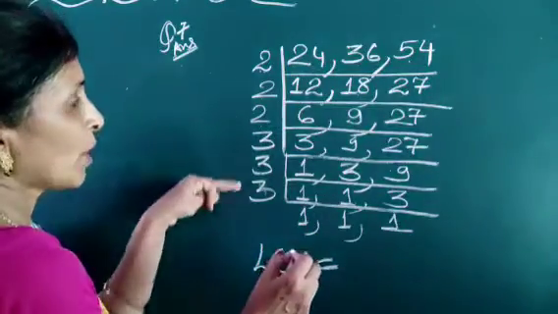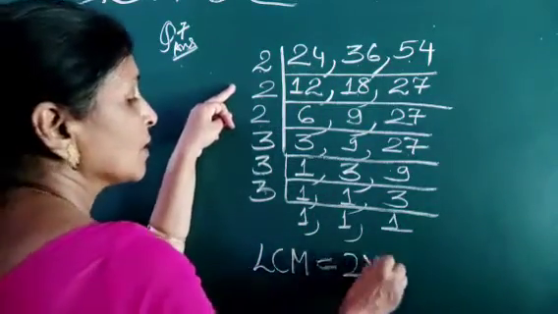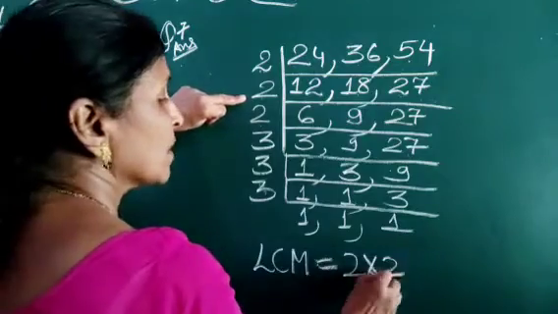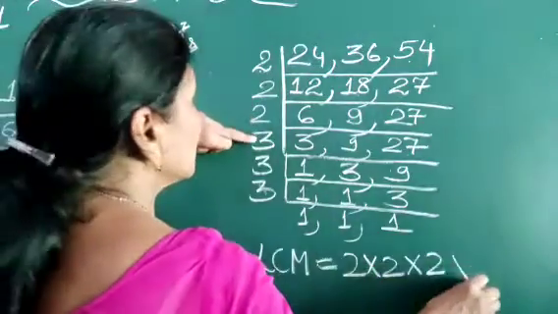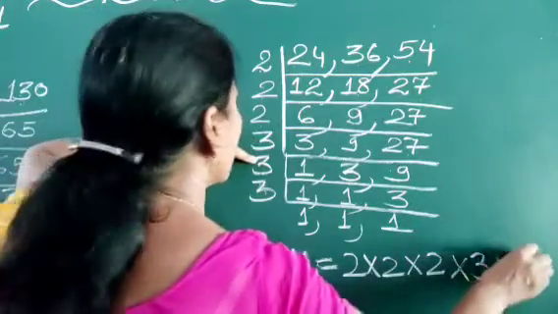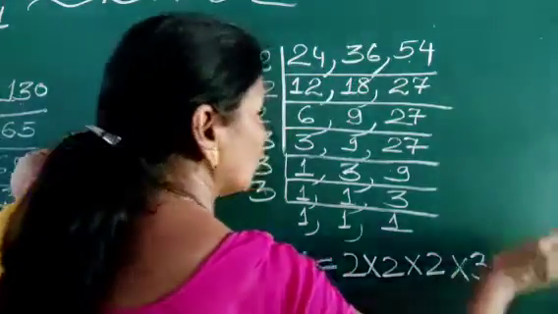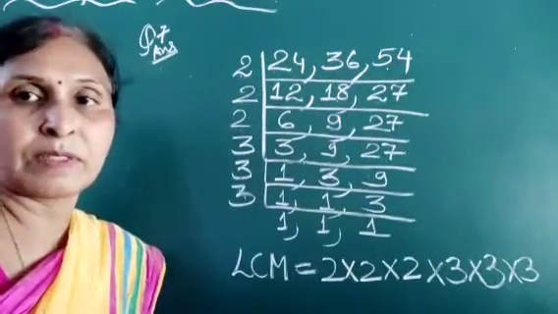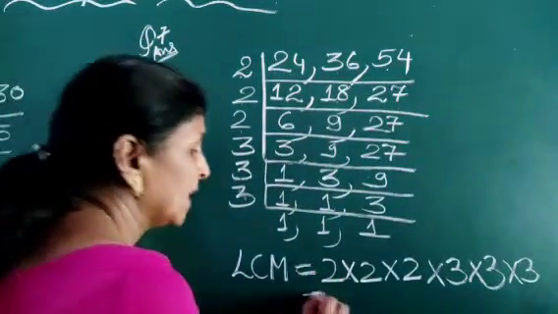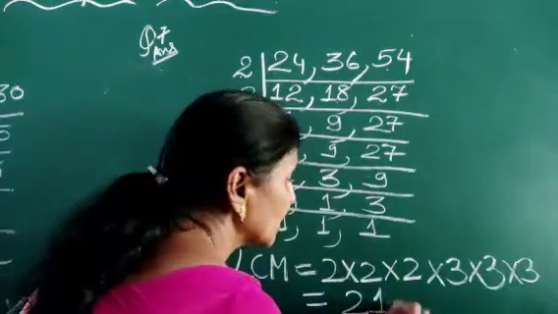We write here LCM and we find out the product of all these numbers. So we write these numbers separated by multiplication sign: 2, then 2, then 3, multiply by 3, multiply by 3. Now we multiply all these numbers. Then comes 216.